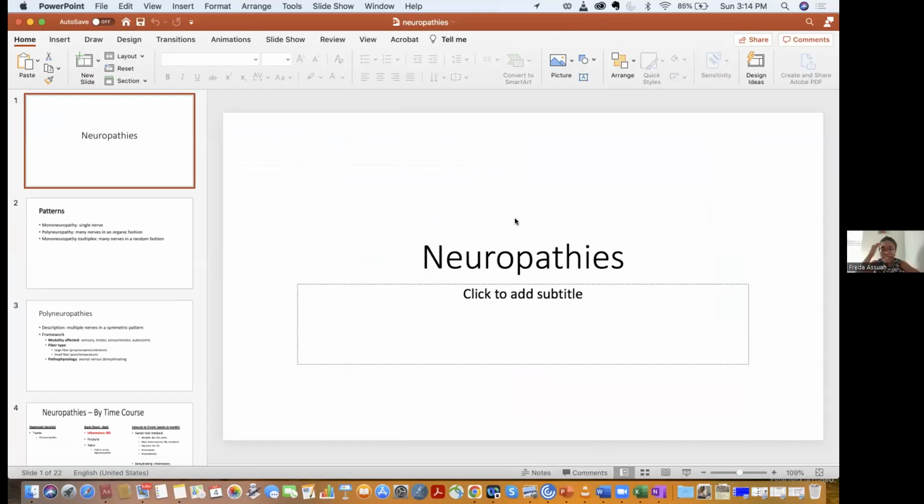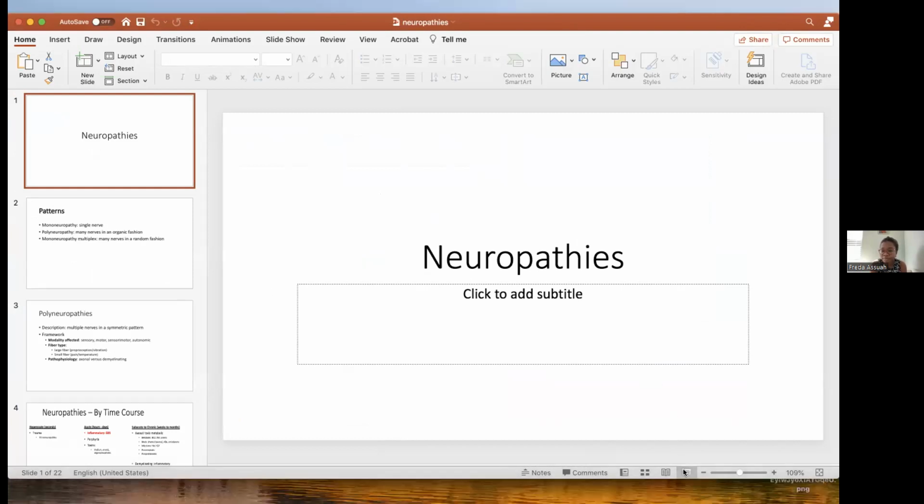I would think it's damage to a nerve. That's how I would describe it. And then whatever the nerve innervates would be affected and determine the consequence of it.